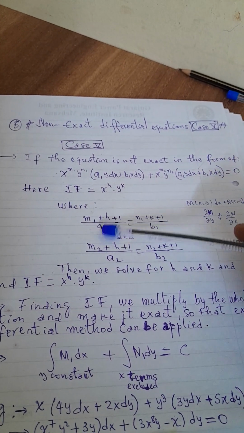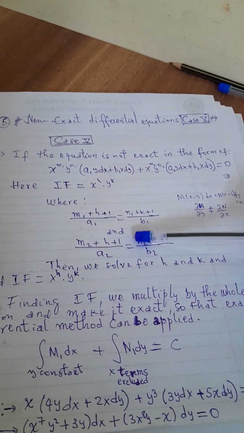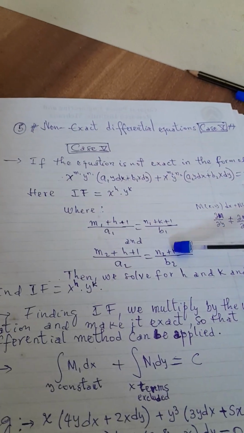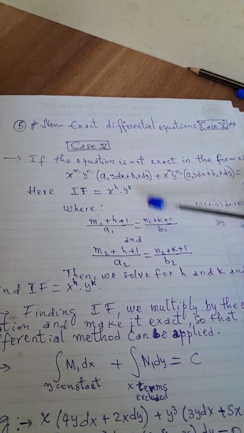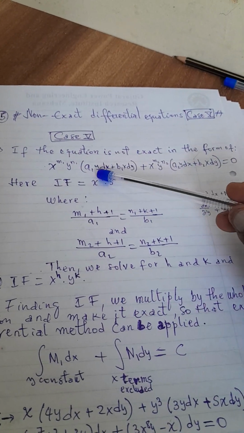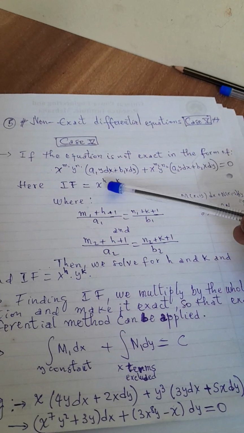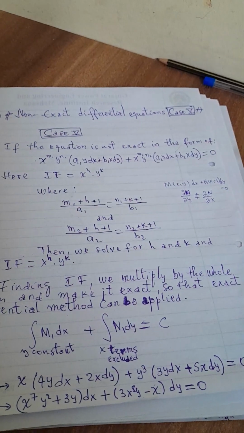This will be a system of linear equations you just have to solve, applying any method you feel is easy. After finding the values of h and k, you substitute them here, pick up this integrating factor, and multiply it by the entire expression.